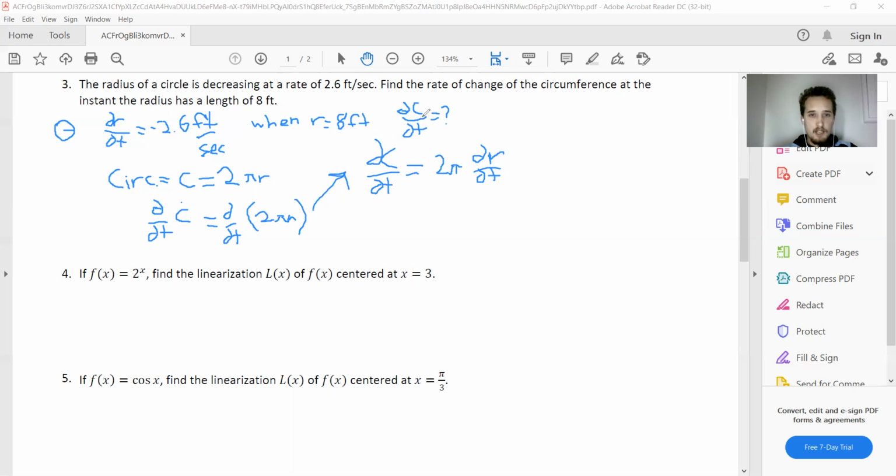Okay, and so it's asking for dc/dt, right? So we just have to plug in. We already know 2 and pi, and we already know dr/dt is negative 2.6 feet per second. So simple enough to just plug in.